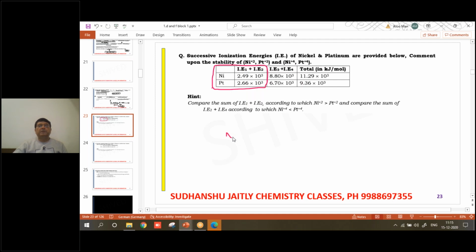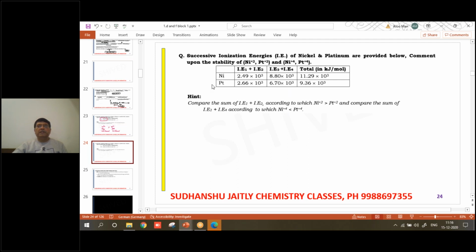Platinum. So nickel +2 is easily formed, more formed. Then platinum +2 is difficult, meaning less formed. You understand? So which is going to be easy? The nickel +2 will be formed easily.